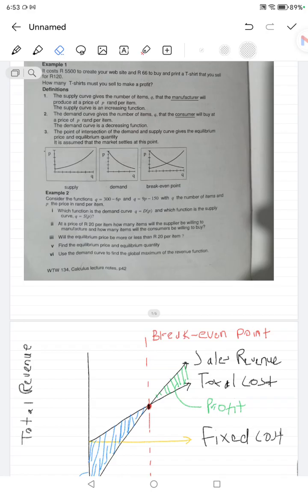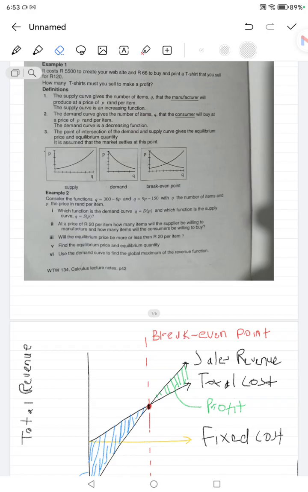For the supply, as the price increases, the quantity increases, but for the demand, as the price increases, your quantity decreases. The last one is just to show you what happens at the break-even point.